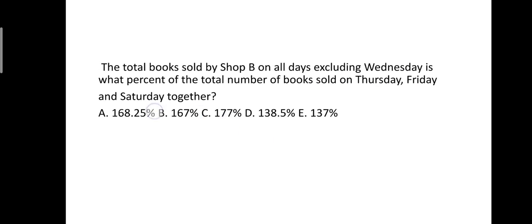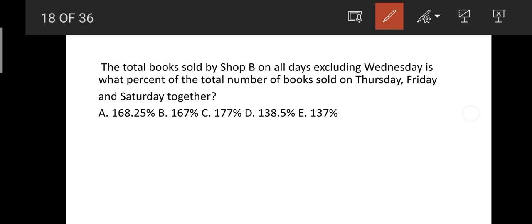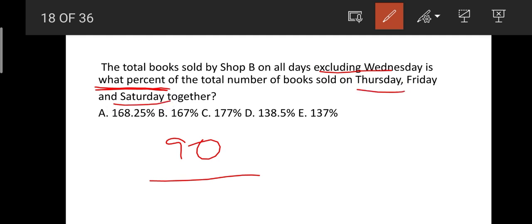We'll be moving to our next question. See here friends, the total books sold by shop B on all days excluding Wednesday is what percent of the total number of books sold on Thursday, Friday and Saturday together? Excluding Wednesday he has sold 90 books, and they have asked what percent of the total number of books sold on Thursday, Friday and Saturday together.